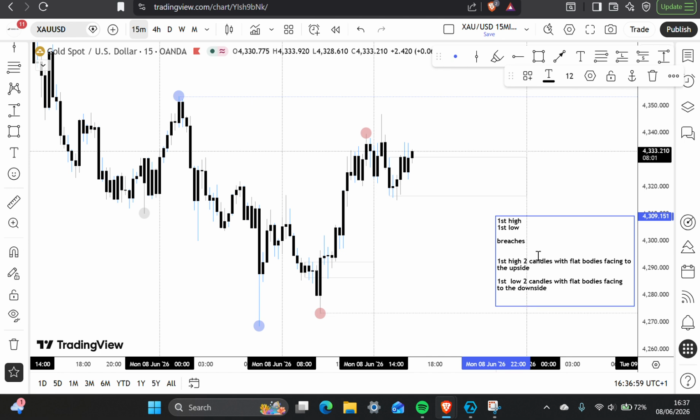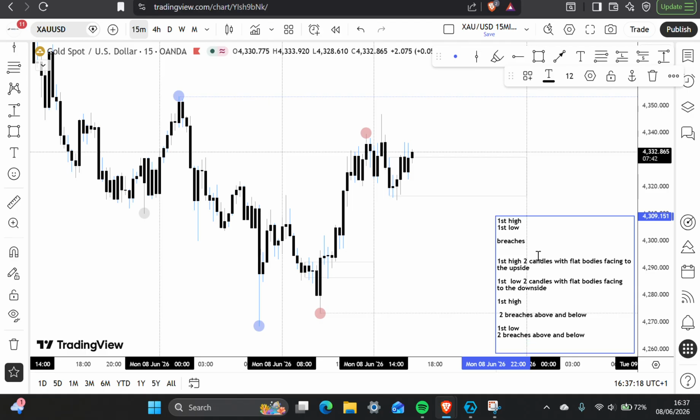Okay, that's it. Each first high will have two breaches above and below. First low also needs to have two breaches above and below.